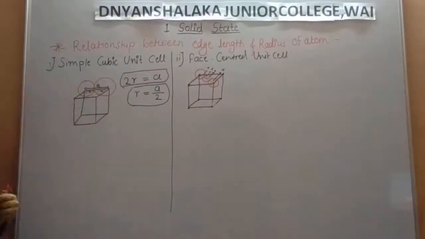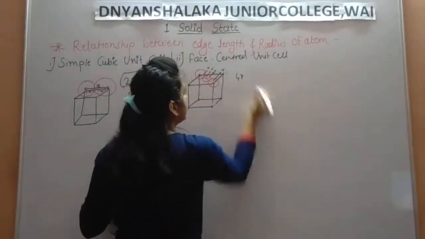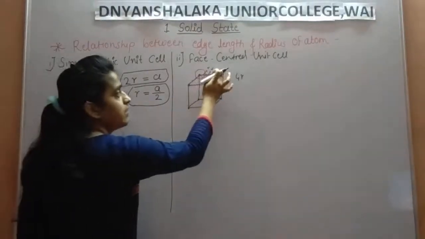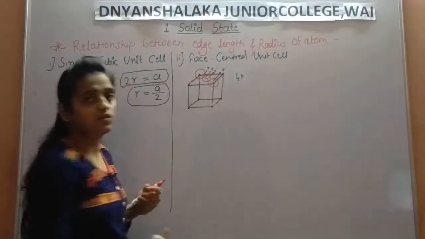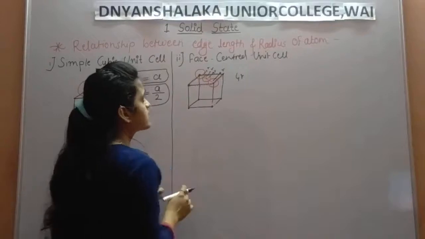So the total is 4r: 1r plus 1r plus 1r plus 1r. The total is 4 times the radius, meaning 4r. And how is the distance covered?